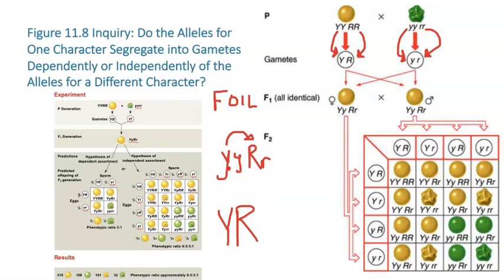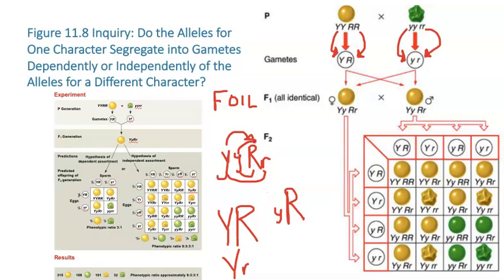And then we could do the outer ones next. Big Y goes with little r, and then we could do the inner ones next. Little y goes with big R, right? And yes, you write it in that order because you want to stick with whatever order you're starting with.